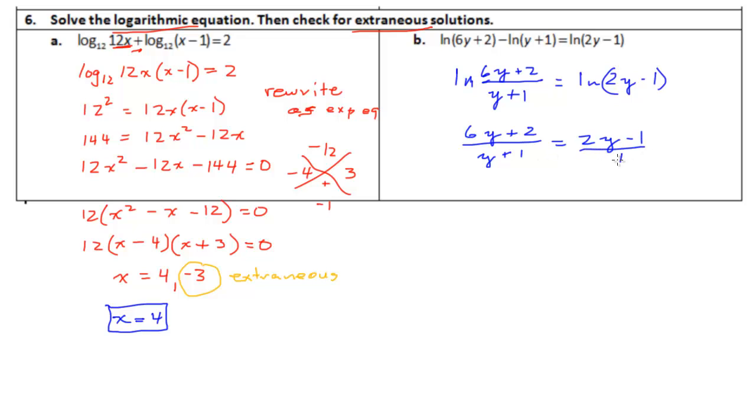And sort of like before, we can do a cross product, however you want to think about this. Multiply both sides by y plus 1, one way or the other. On the left, we have 6y plus 2 equals y plus 1 times 2y minus 1.